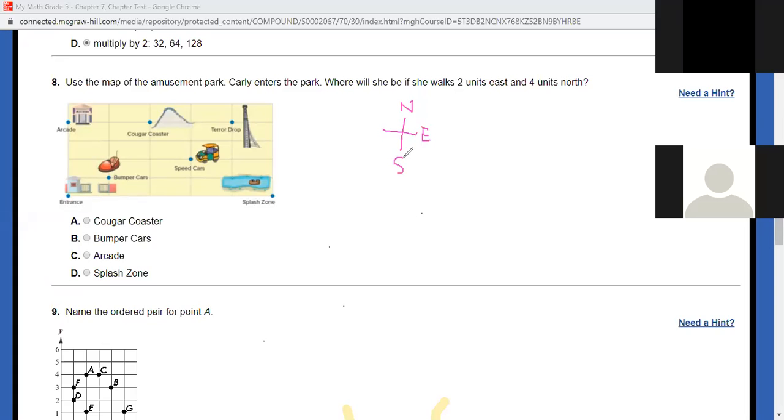S. And the last one? W. Perfect. All right, thanks, buddy. Okay, guys, so this is going to help us a lot, because it says 2 units east, 4 units north. So, based on what I'm seeing, if the entrance is here, every intersection is going to count as a unit. Okay, so I need someone's help to tell me how am I going to do this.